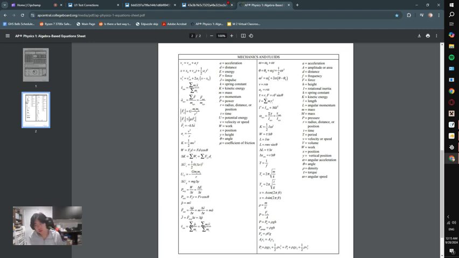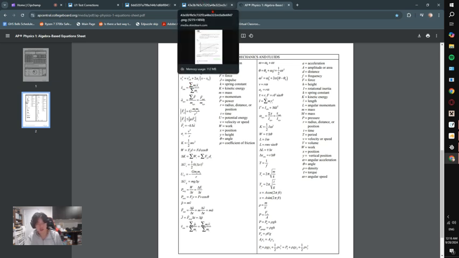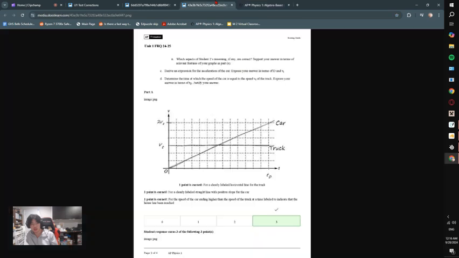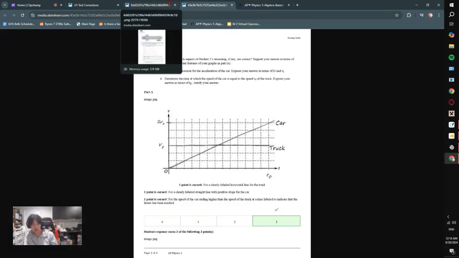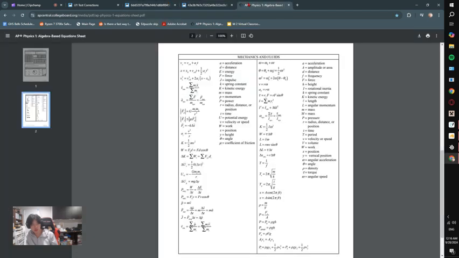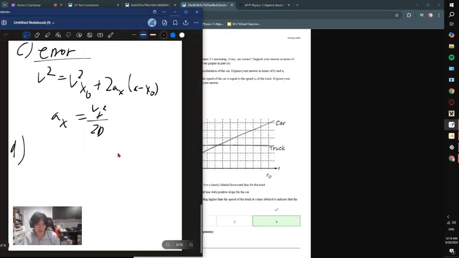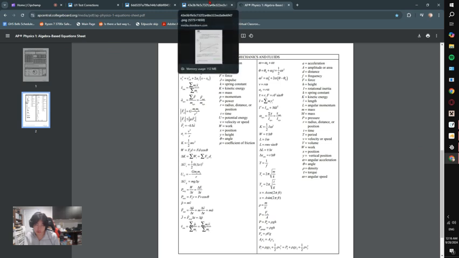We would probably use the first one, because we know the initial is 0, and it just makes it a lot easier. And we just isolate time. And we need it in terms of t d, and t d is there. Or it's not there, but we have to substitute it in later. So v of, what does that say?